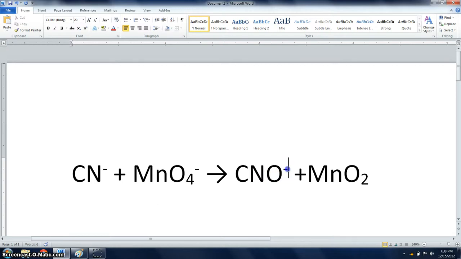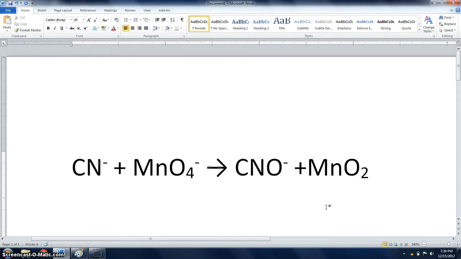And since our ion has a -1 charge, our carbon must have a +4 charge because +4 -3 -2 is -1. Over here, our oxygen will have a -2 charge, and -2 times 2 is -4. And since this is neutral, our manganese must have a +4 charge.